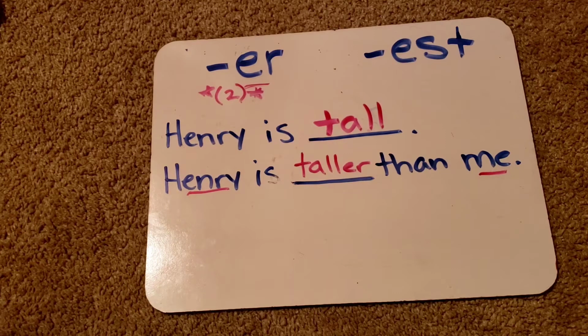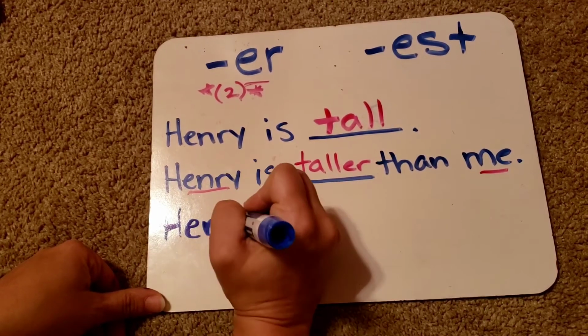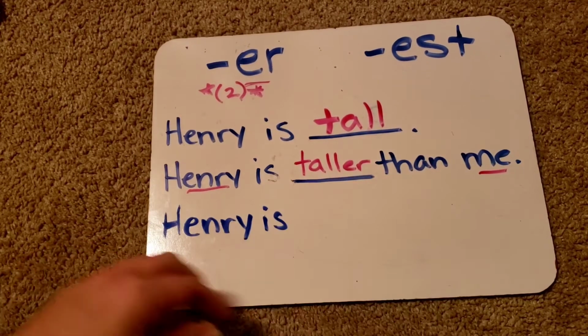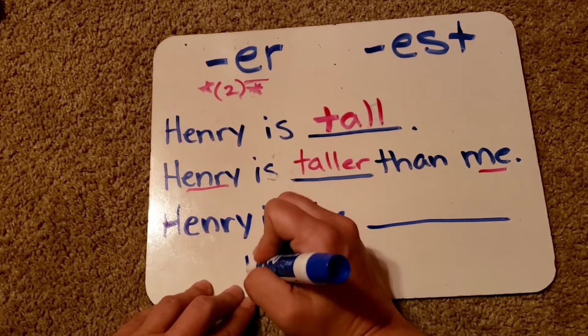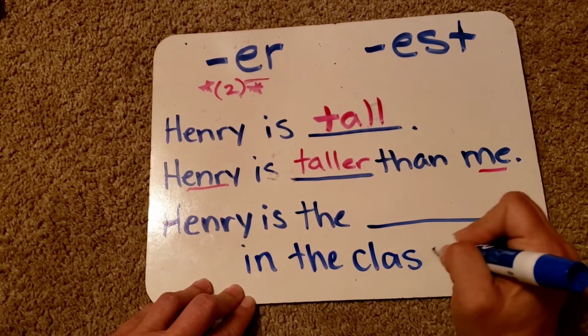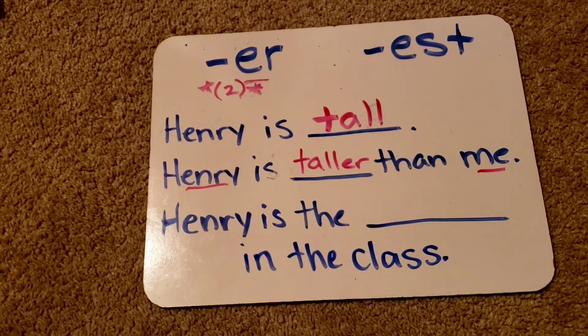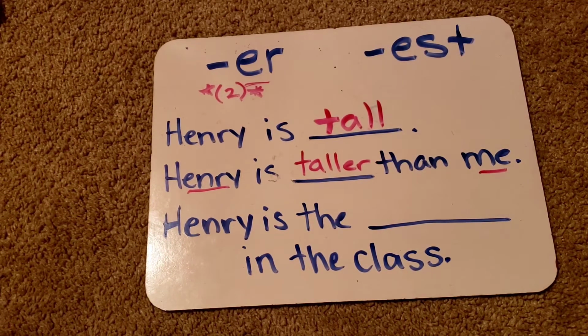Okay. Another example we can do is we can say Henry is the blank in the class. Well, we don't want to say Henry is the tall in the class. Weird. Henry is the taller in the class? Nope. Who are we comparing here?